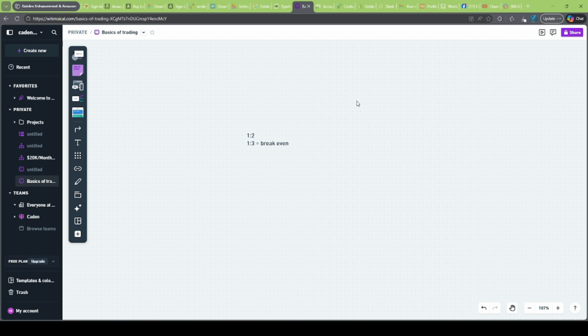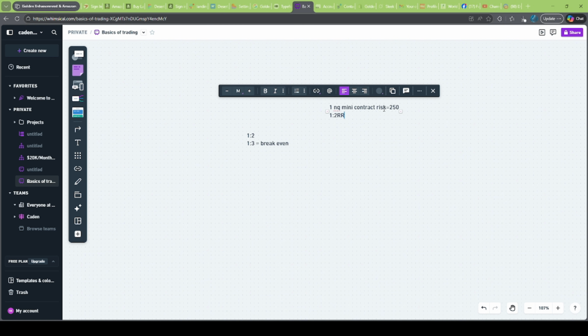This means since I'm risking $250, my 1 to 2 would be $500 in profit. So if I'm on one NQ mini contract and my risk is $250, that means my 1 to 2 RR would be $500 in profit.